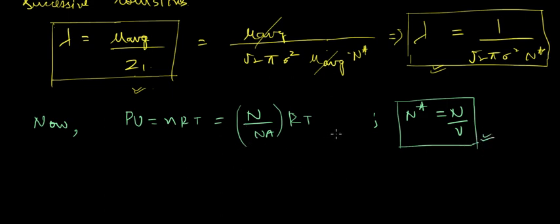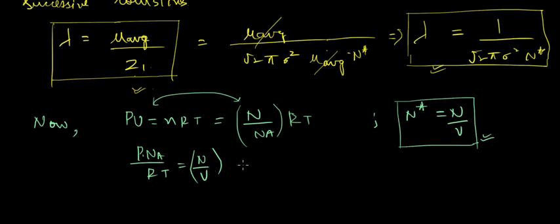So from here we can write P n A divided by RT equals n upon V. Equating these two equations, n upon V would be equal to P times N A divided by RT.